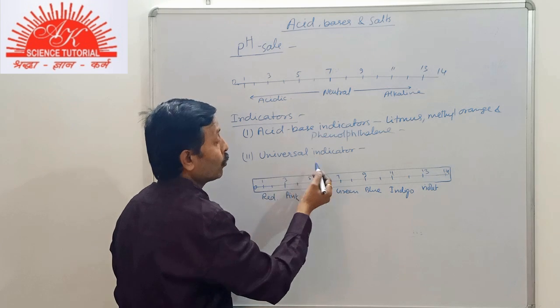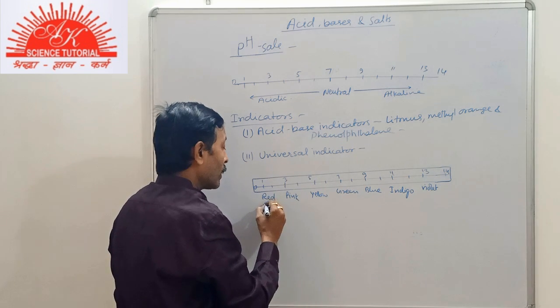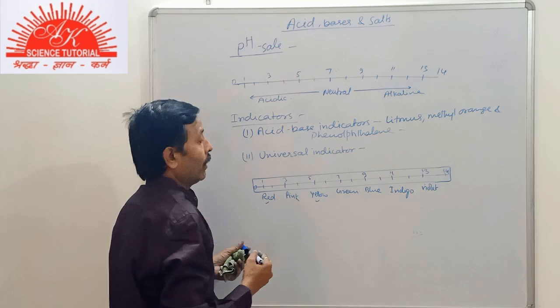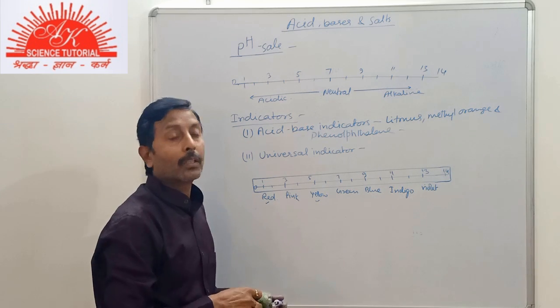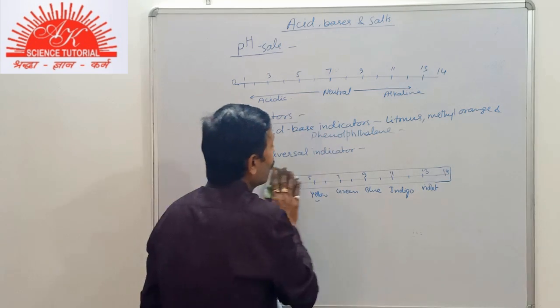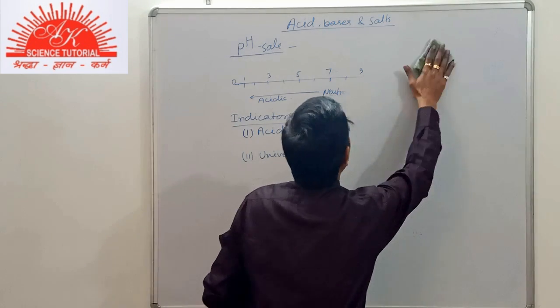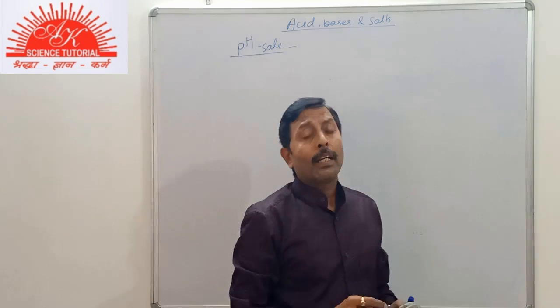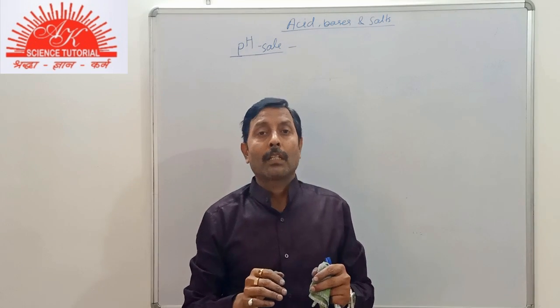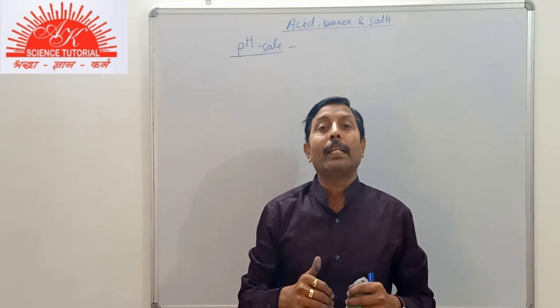Suppose there are two acidic solutions. One shows red color, another shows yellow color. Then this will be strong, this will be weak. So in this way you can compare the strength of two solutions of the same nature. Now, a study of pH finds many applications in our daily life.